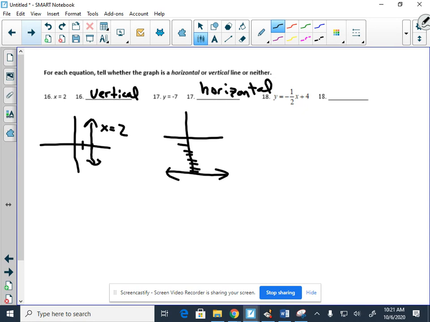That's the only way you get horizontal and vertical lines. So this other one is a y equals mx plus b. So it's got a slant on it. It's something that would maybe look like this because it's got a negative slope. So that one is obviously neither of the kind. Okay? We going okay? Not going too fast?